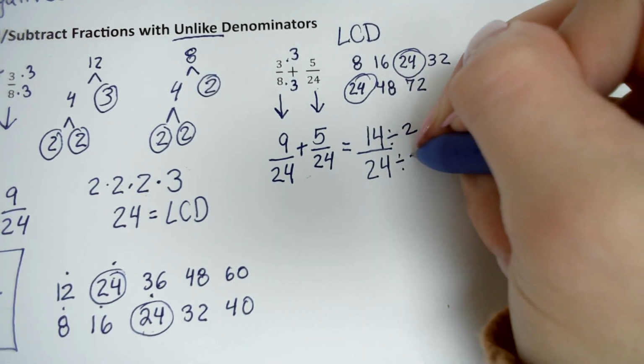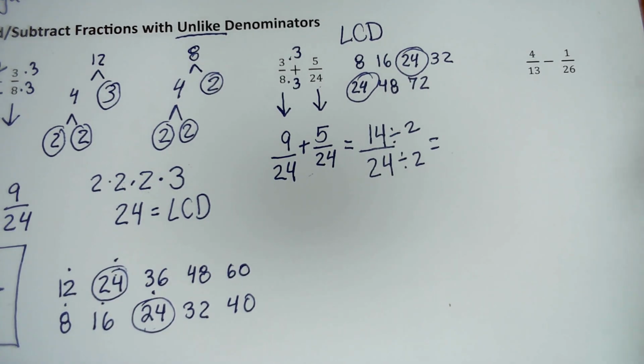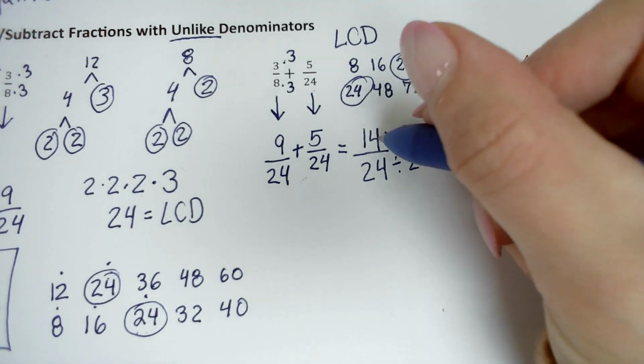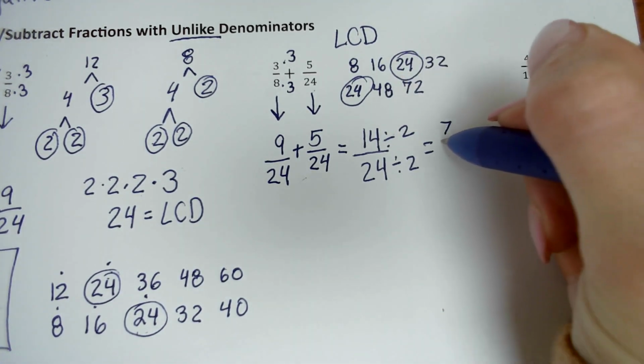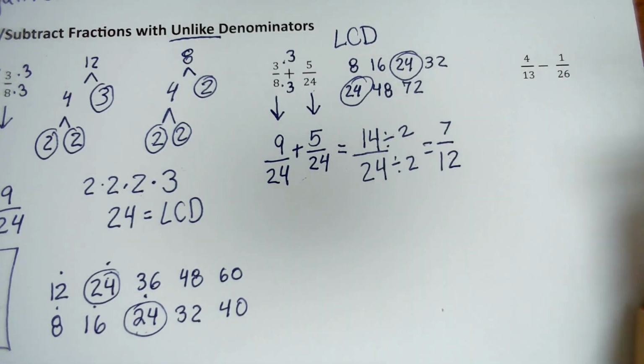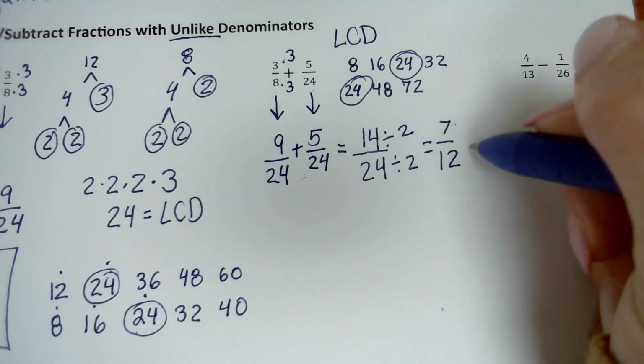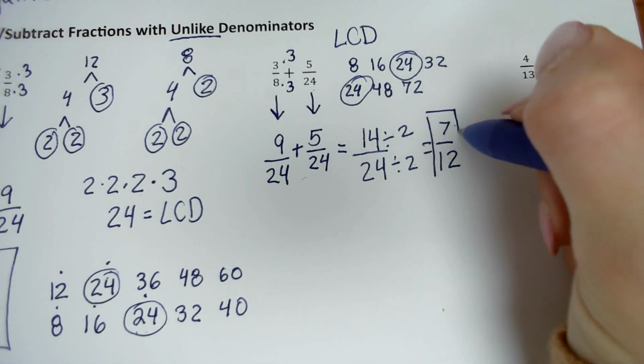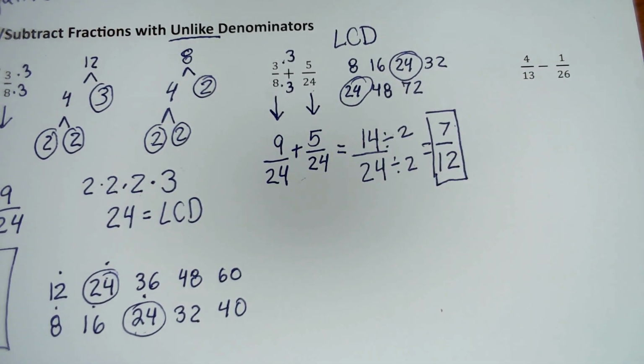So I'm going to simplify and see if that divides it as much as it can possibly be divided, or if I could simplify it even further. So 14 divided by 2 is 7. 24 divided by 2 is 12. 7 and 12 do not have any common factors, so our answer is 7/12.